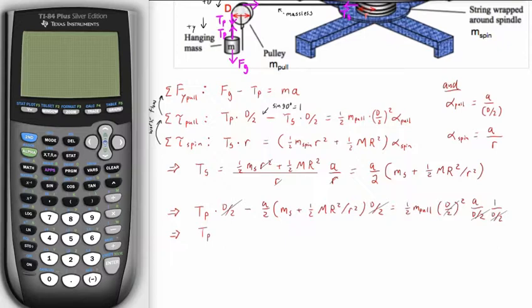which is kind of the bottom tension on the pulley, because obviously TS also acts on the pulley. Okay, and so that's going to look like, we'll factor out the a.